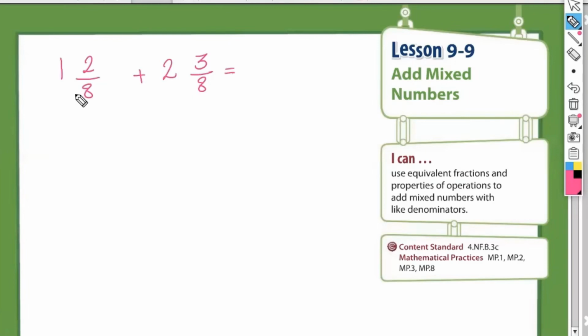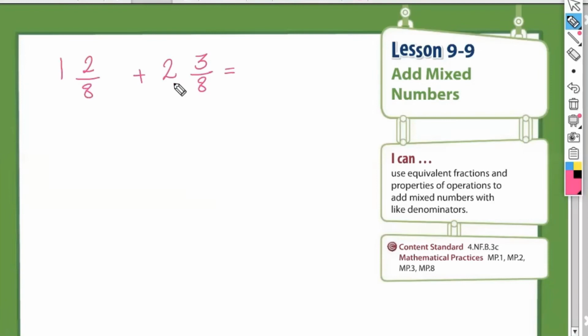Now, we will learn together how to add mixed numbers. We have here 1 and 2 out of 8, plus 2 and 3 out of 8. What do you notice here? We have fractions with a like denominator, 8 and 8. How can I add the mixed numbers? I can decompose each mixed number into two parts, the whole part and the fraction part.